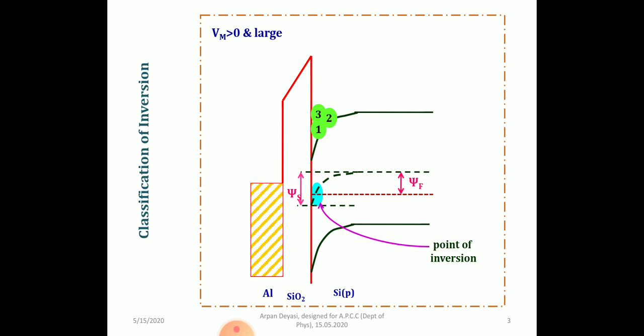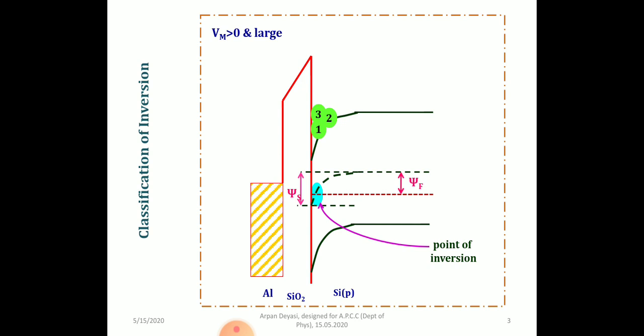Now, I am trying to go for the classification of inversion. Look at the figure very closely. In that case, the extrinsic Fermi level and intrinsic Fermi level have a crossover. The intrinsic Fermi level goes below the extrinsic Fermi level. It's fine.